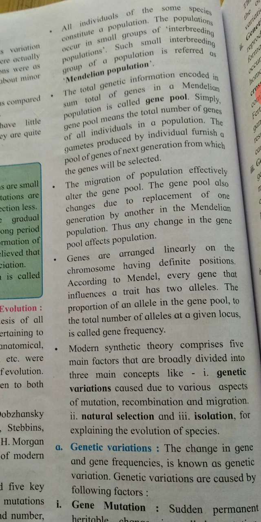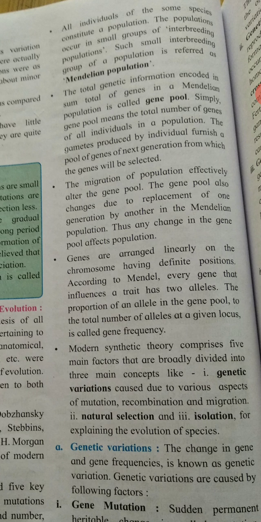The gametes produced by individuals furnish a pool of genes for the next generation, from which the genes will be selected. So the genes, the codes, are selected, and this leads to changes in the populations.